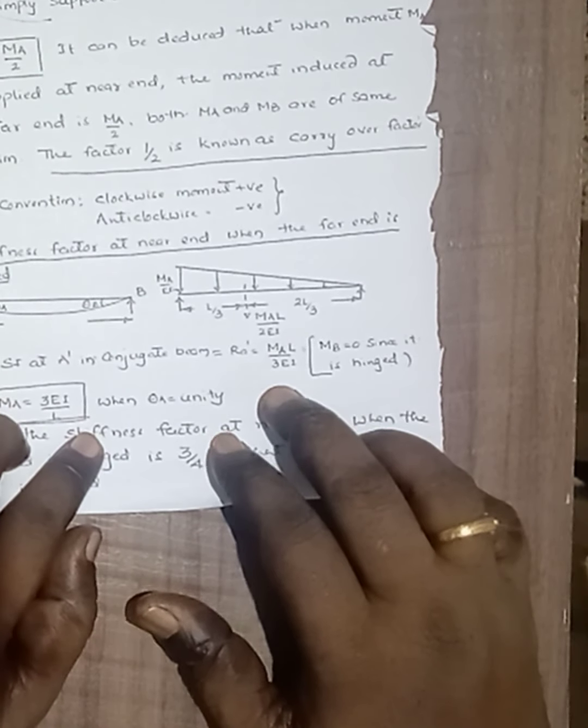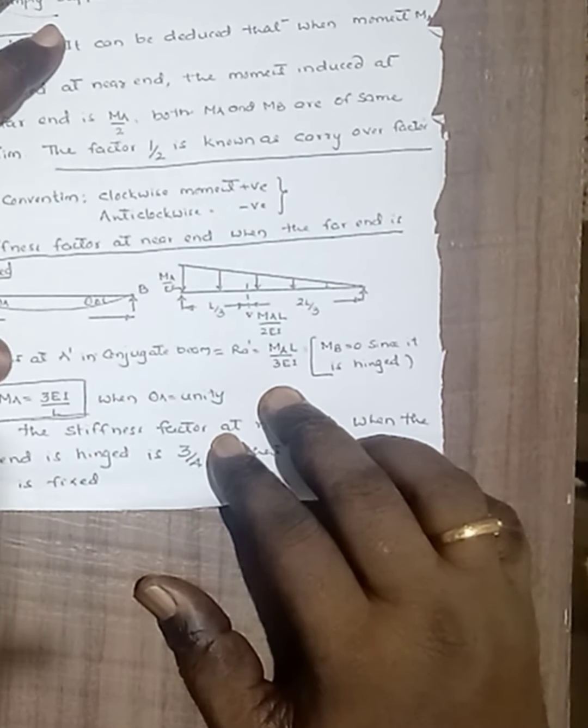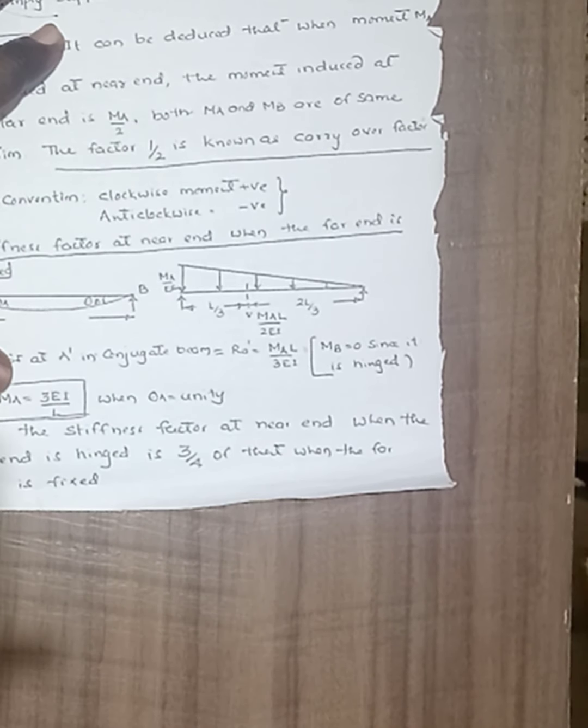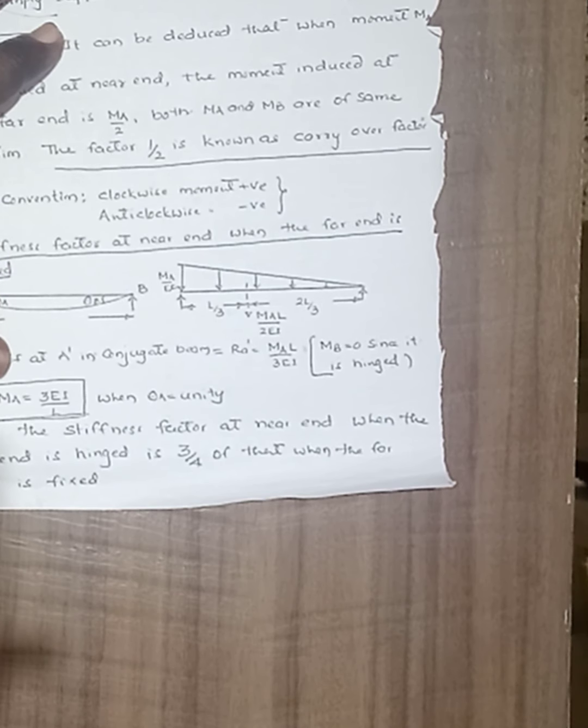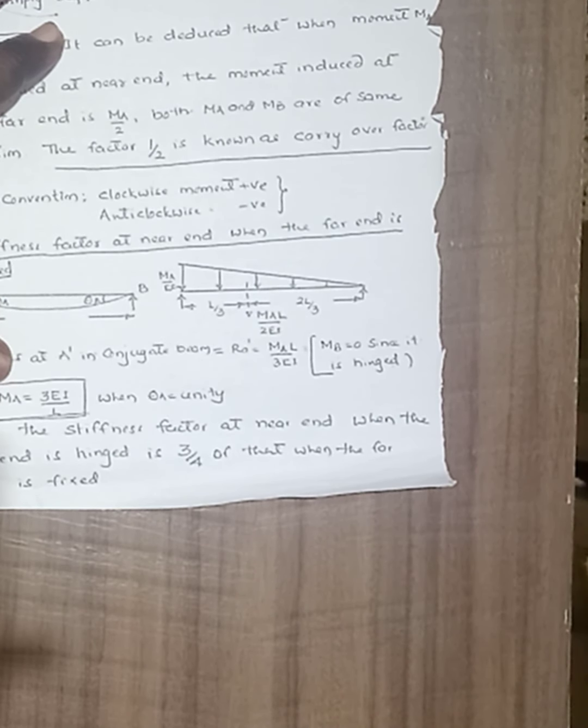Hence RA dash equals MAL by 3EI, or MA equals 3EI by L when theta A is unity. Here MB equals 0 since it is hinged. Thus the stiffness factor when the far end is hinged is 3/4 of that when the far end is fixed, where K equals 4EI by L.